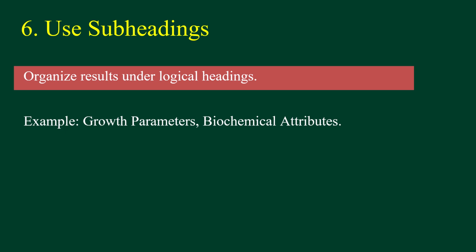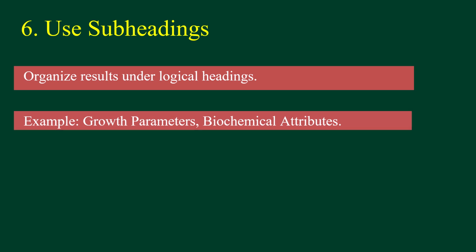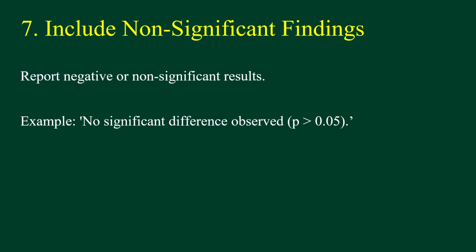You can consult their instructions to authors. If they allow it, then you can use subheadings such as growth parameters, biochemical attributes, stress response indicators. If the journal is not allowing it, then you can write it without headings but in a very logical flow.